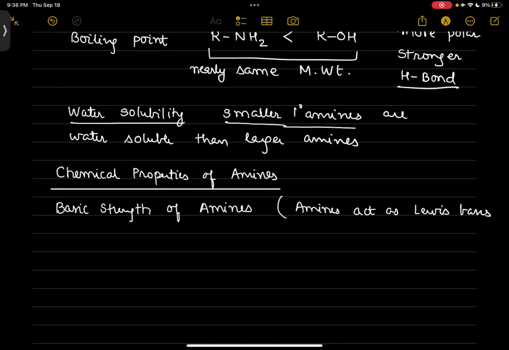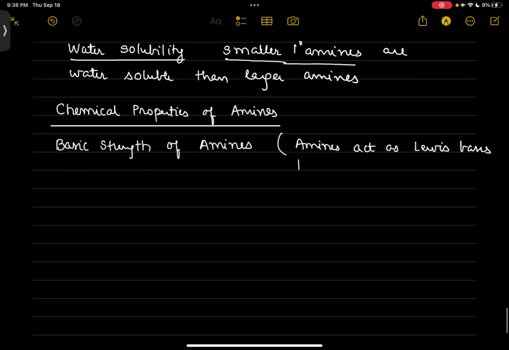Got it? They react with acids to form ammonium salts. Is it clear? They act like a base. They react with acids to form ammonium salts.